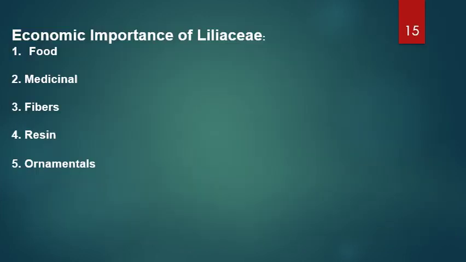Now we discuss the economic importance of Liliaceae under different headings. First of all, a number of members of this family like onion, garlic and asparagus are edible and used as food.